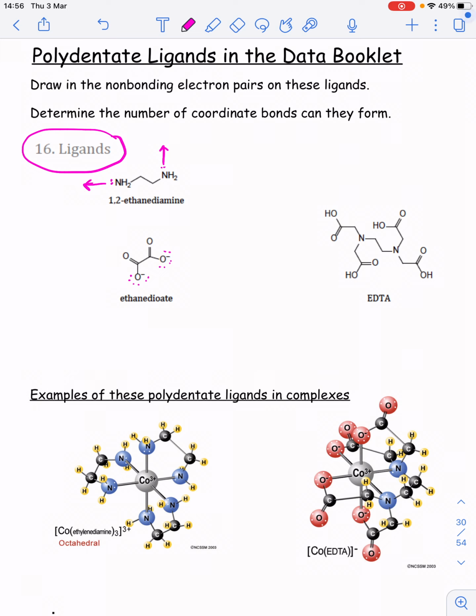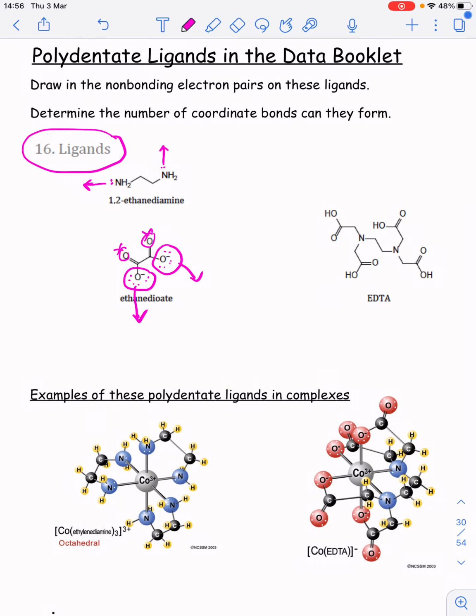That's really all that it has going for it. This one, ethane dioate, has these 2 oxygens that are negatively charged with these extra electron pairs. So these are the 2 oxygens that are likely to form coordinate covalent bonds to the same metal ion.